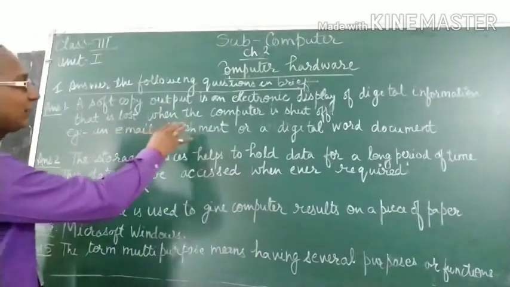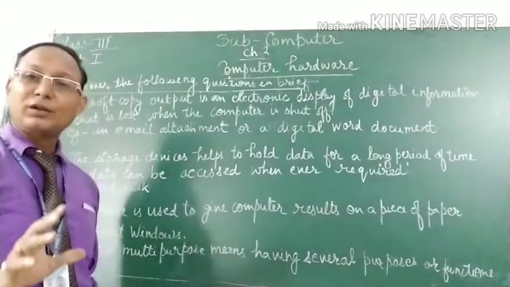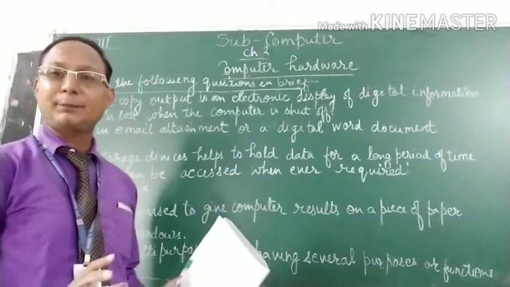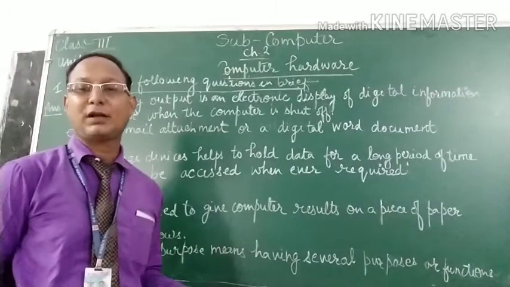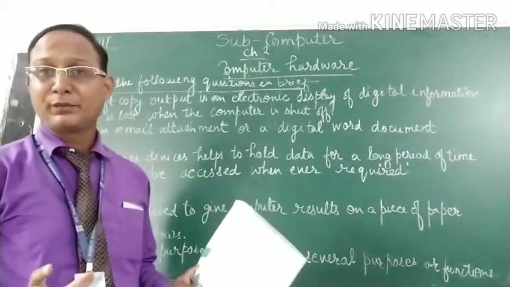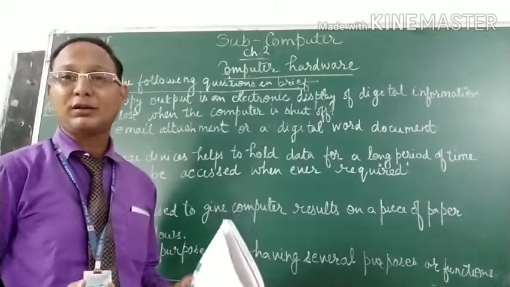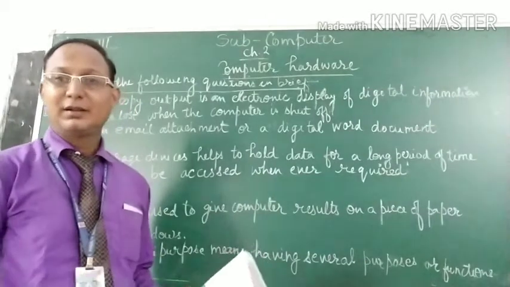That is lost when the computer is shut off. Means it is the only information when we are working on the computer. But when we shut down the computer or switch it off, the information will be lost because it is not saved on the storage device.